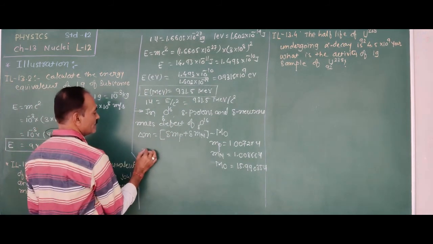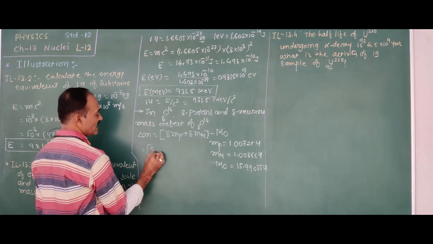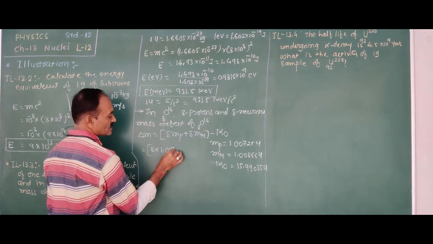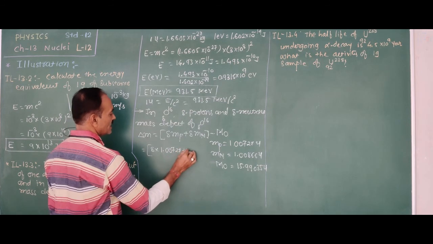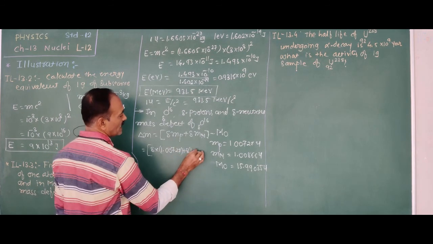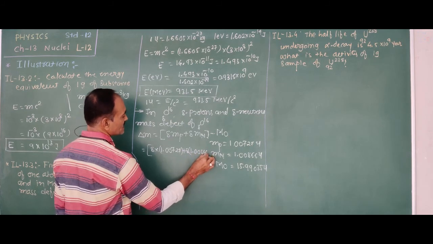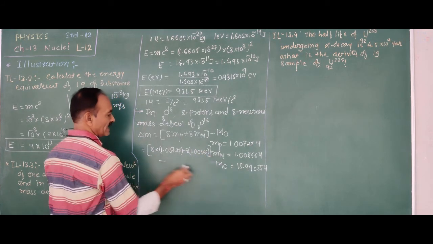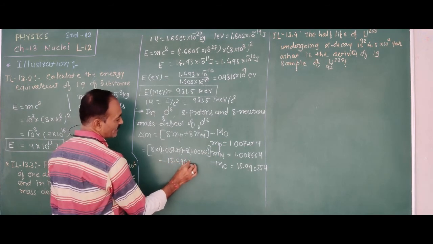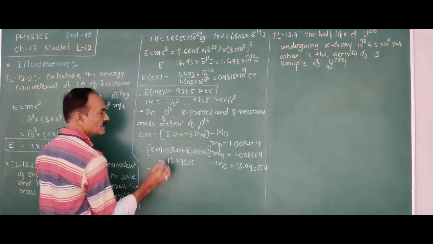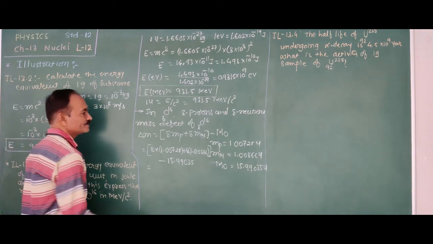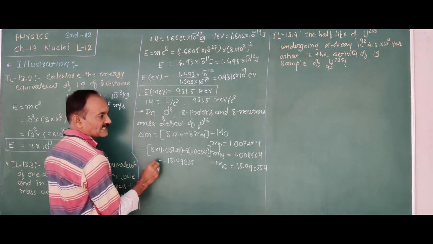Substitute all these values. Therefore, 8 into the mass of the proton 1.00727 plus 8 into 1.00866 minus the mass of oxygen 15.99035. Thus we obtain the mass defect.